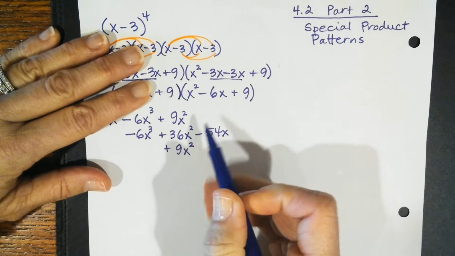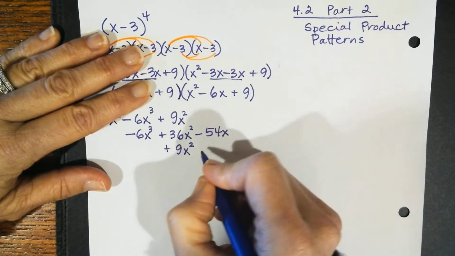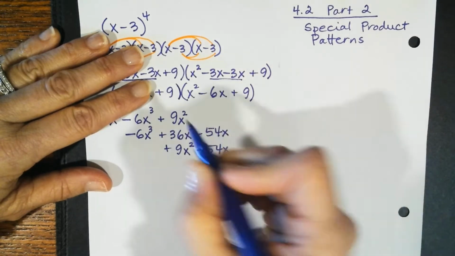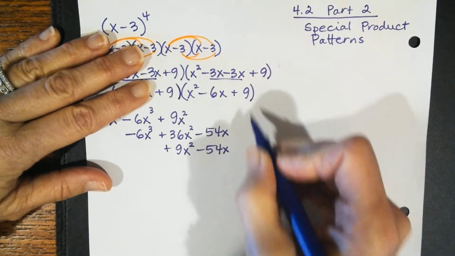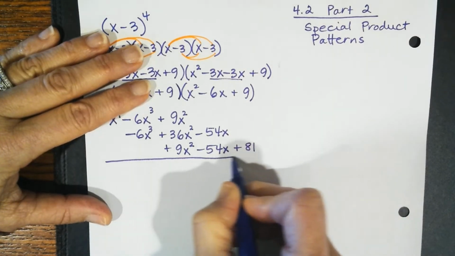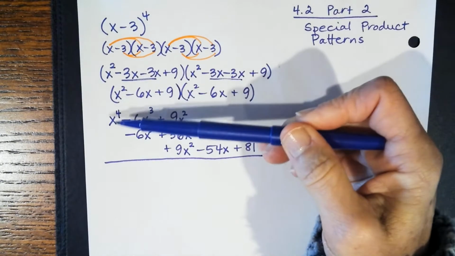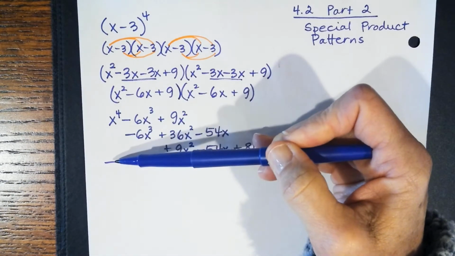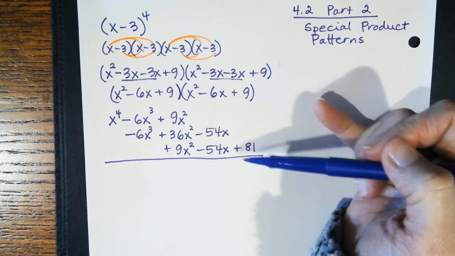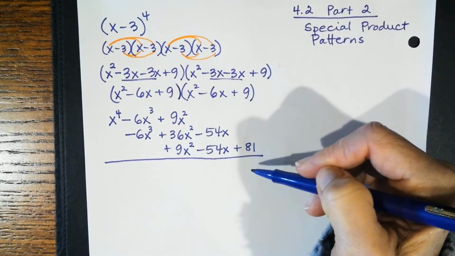You don't have to, but it's a new way. 9 times negative 6x will give me minus 54x here as well. And then 9 times 9 gives me a plus 81. If you like this method a little better to keep things in order, you'll see that now all of my x's and the exponents that match are all in a line.